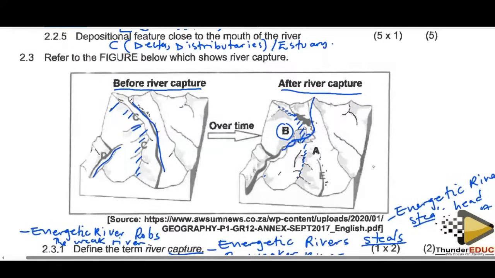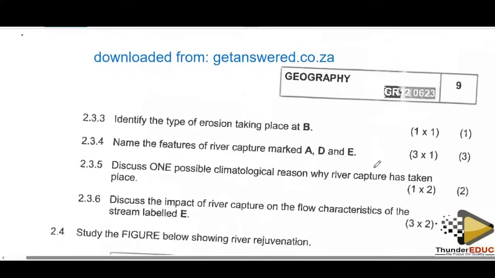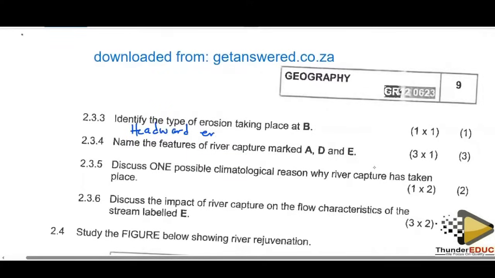That is why the type of erosion taking place here, we refer to it as the headward erosion. Headward erosion, where a river erodes backwards. So the type of erosion at B, that is the headward erosion.